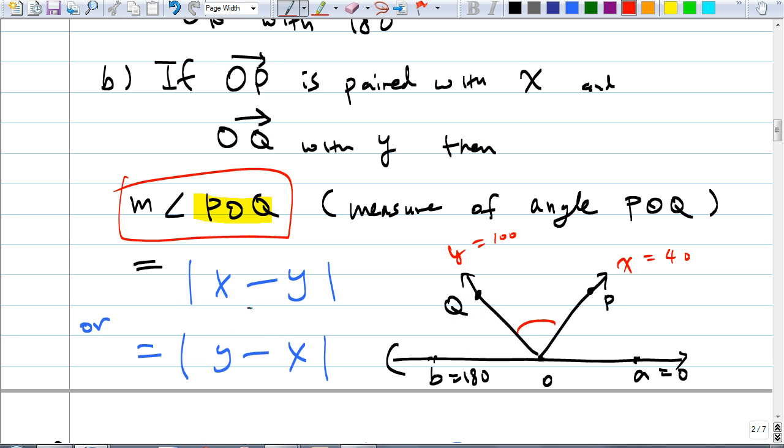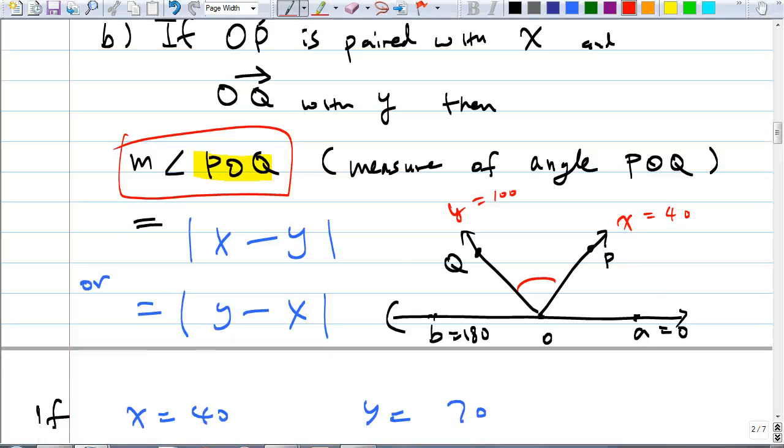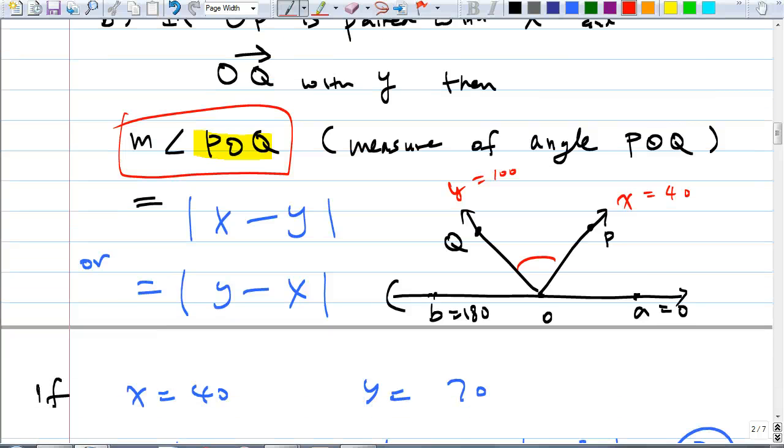We take the absolute value of their difference. So do you see how it's very similar to what we talked about last time? You guys get this? So just like last time, it tells you how to find the angle between two rays. Okay? So let's do an example. What if X was 40 degrees, Y was 70 degrees? What would the angle between those two rays be?